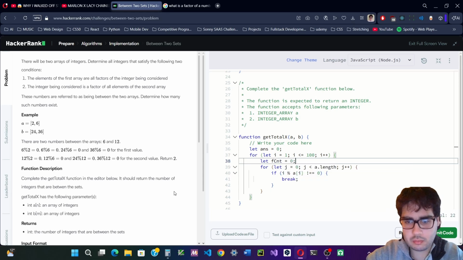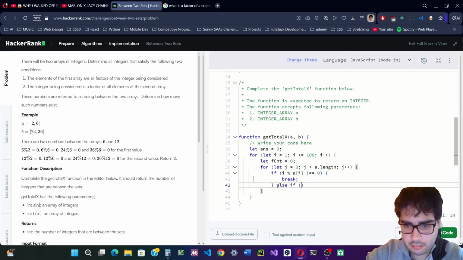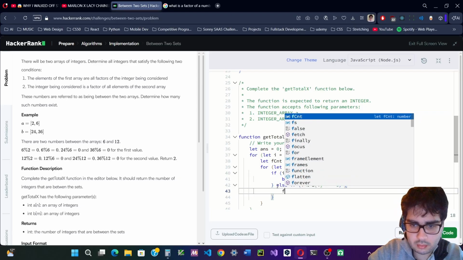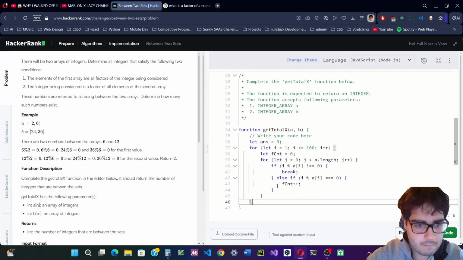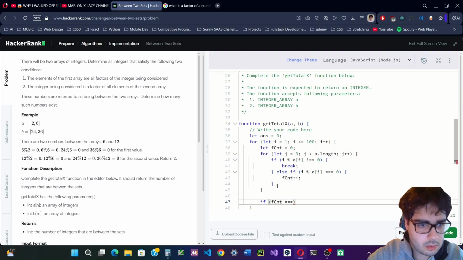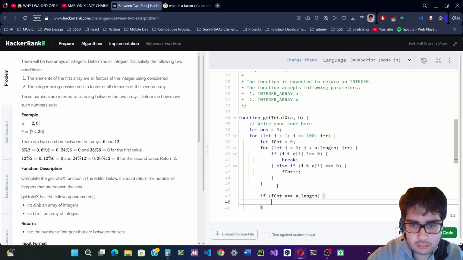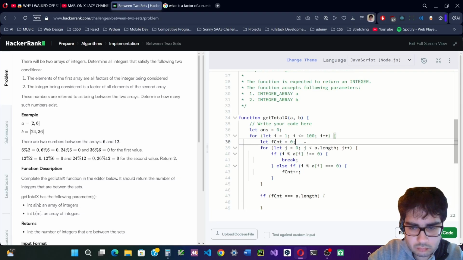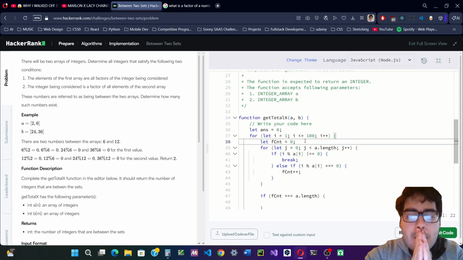So if count equals 0, else if, if count plus plus, if count equals dot length. Wait. If count equals 0, if count plus.